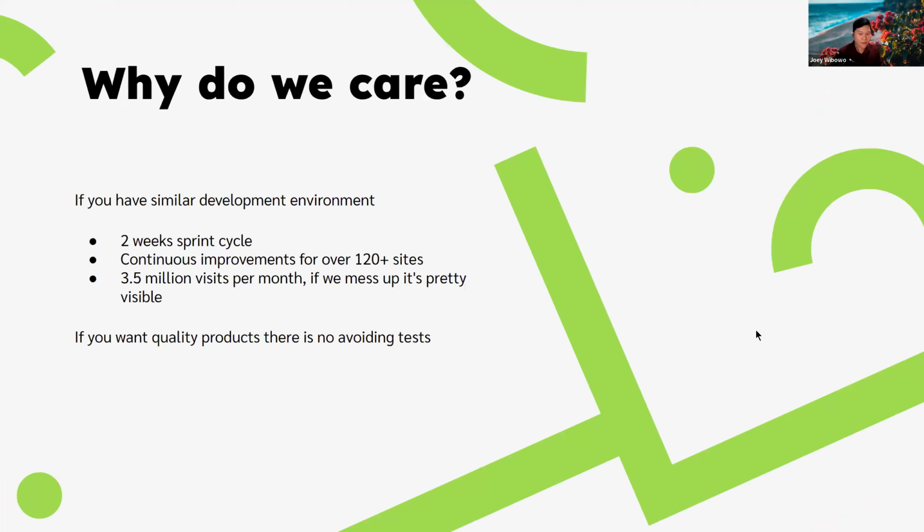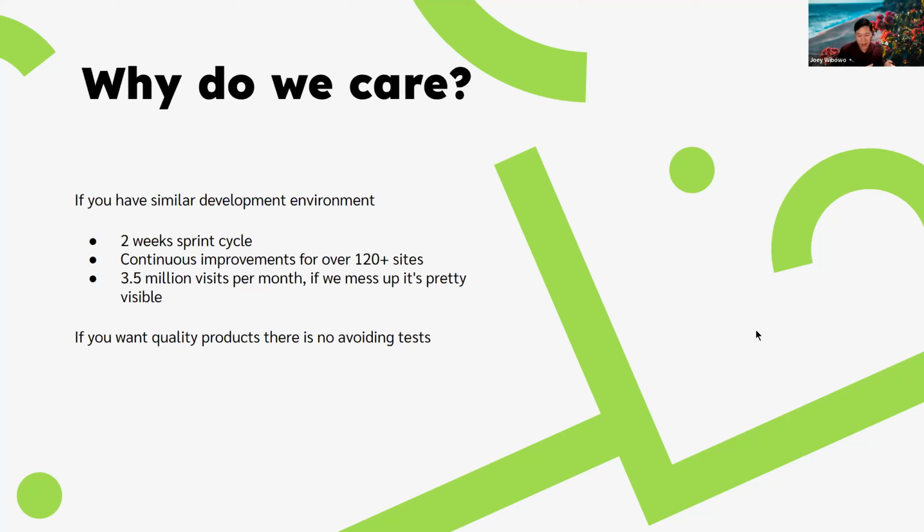So if you have a similar development environment like we do, that runs a 2 weeks sprint cycle, continuous improvements over 120 sites. We have about 3.5 million visits per month.